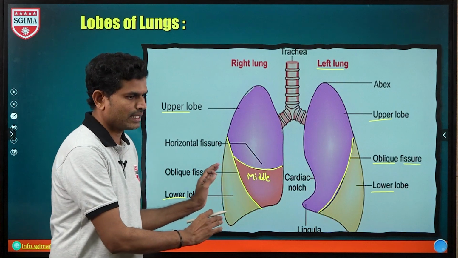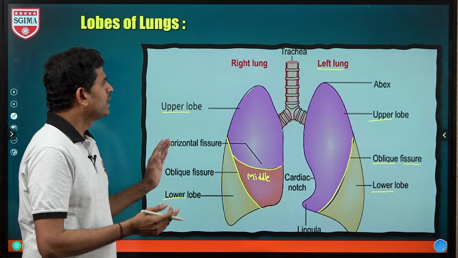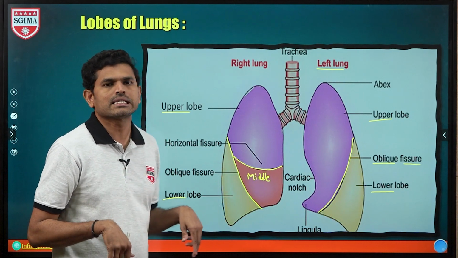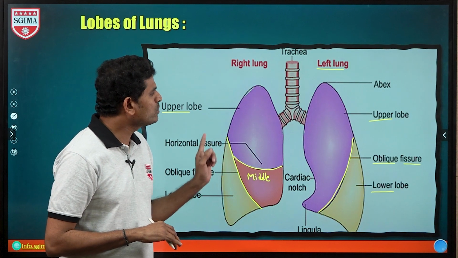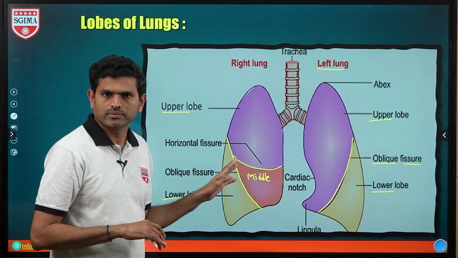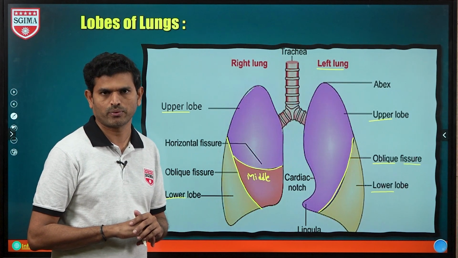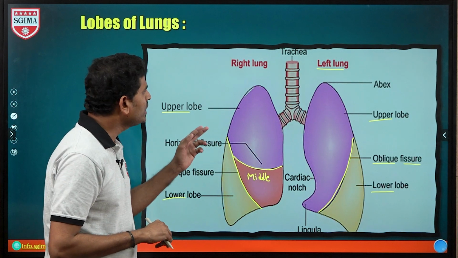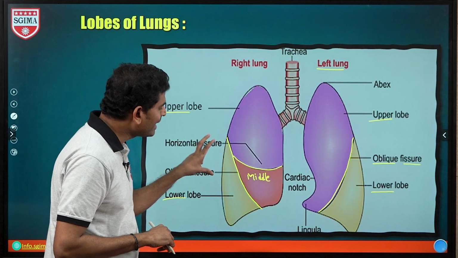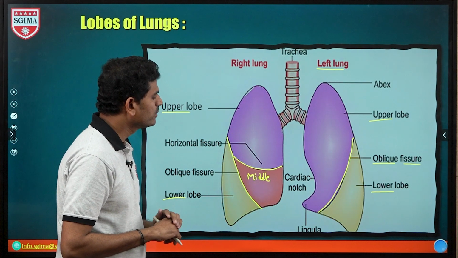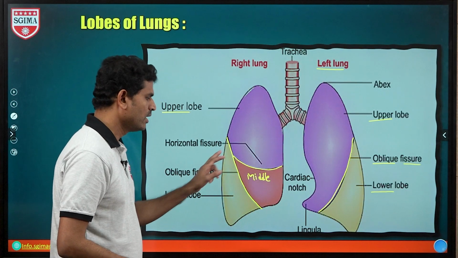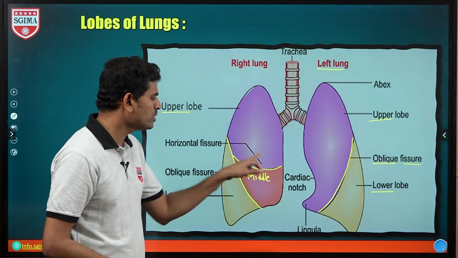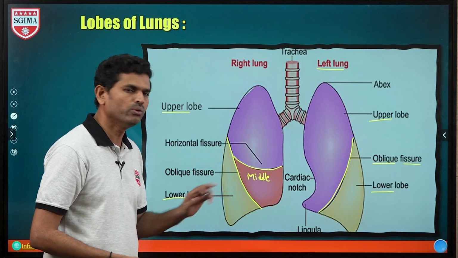Okay, so let us revise that once again. Our body has one pair of lungs. Among these, the right one is a little bit larger than the left one. This is one point we have to remember. And the right one is divided into 3 lobes due to the presence of which ones? 2 fissures. One is a horizontal fissure and another one is an oblique fissure.